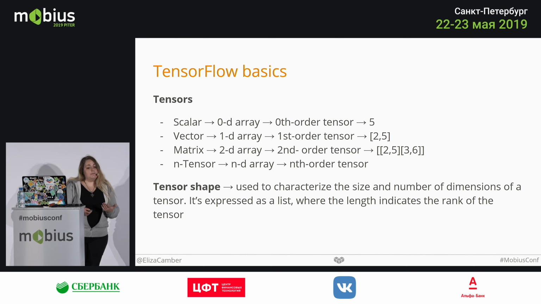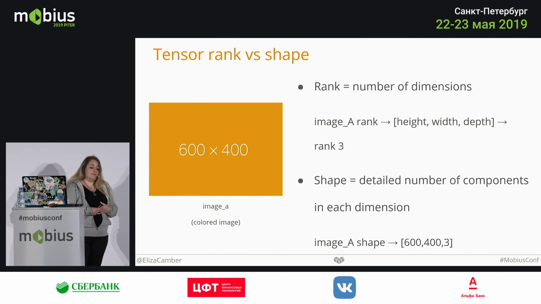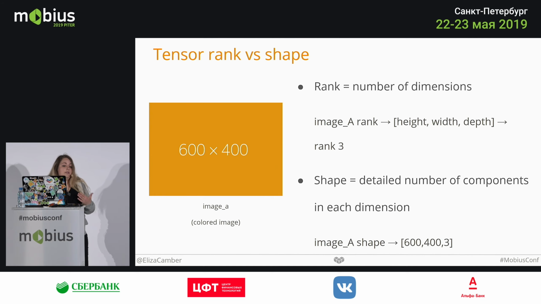One thing that is very important is the tensor rank and the tensor shape. The tensor shape is used to characterize the size of it, and we're going to see more examples here. So the rank is actually the number of dimensions. If you have an image, then the rank will be 3, because an image has a depth, a height, and a width.